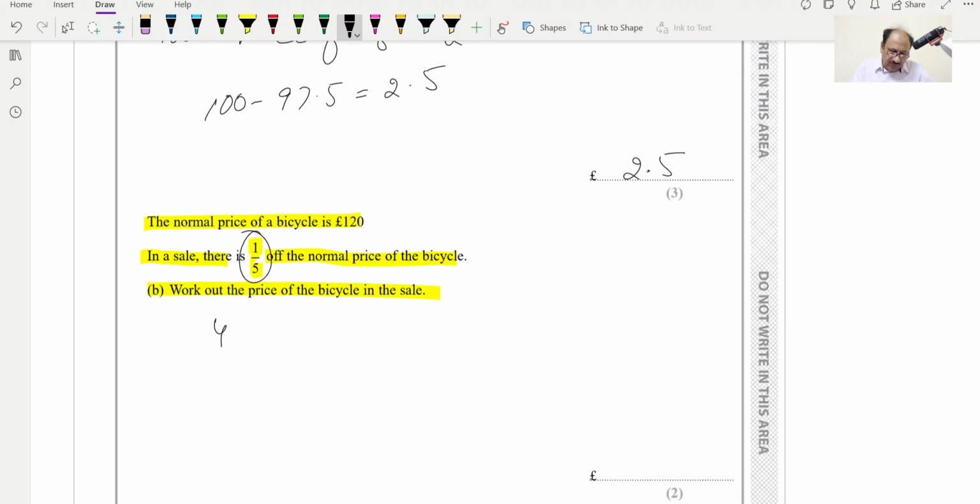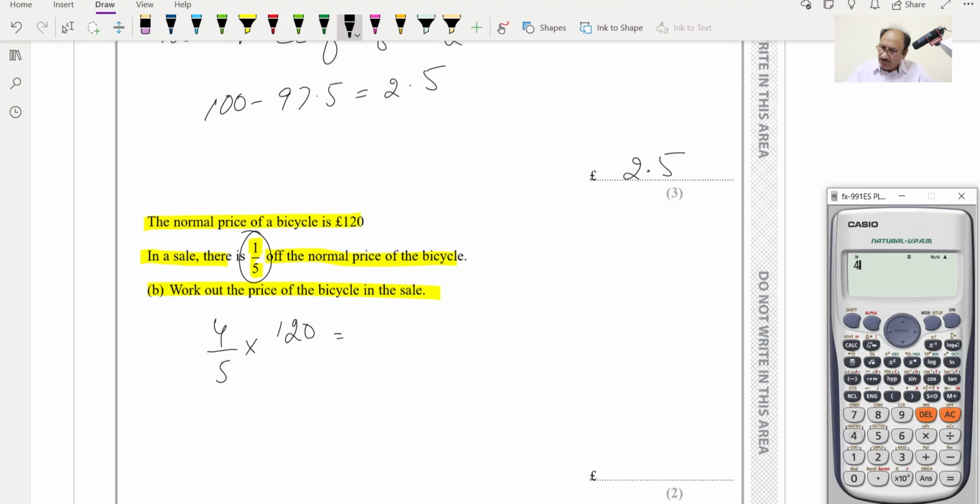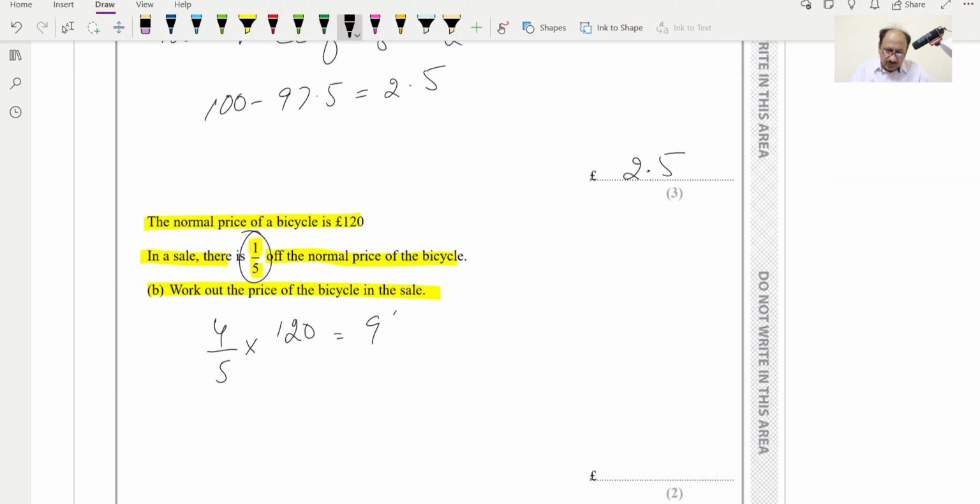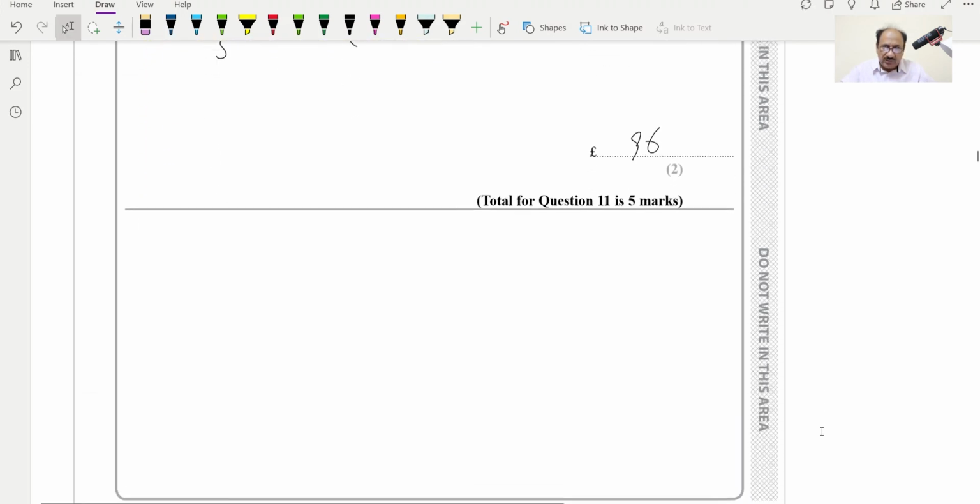So 4 by 5 will be the remaining portion which will be charged. 4 by 5 of 120 we will check, and this is equal to 96. So 96 pounds will be charged. 96 pounds will be the answer for this one.